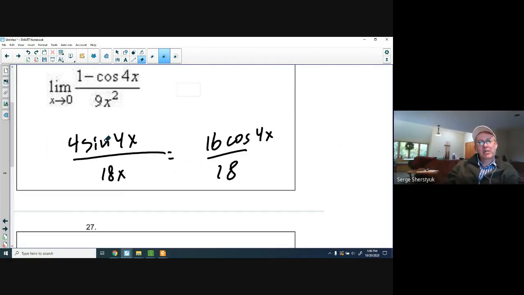Cosine 4x, that's positive. All right, now plug 0 in. Cosine 0 is 1, so it's 16 over 18. Whatever this is, divide that by 2, so it's 8 over 9.